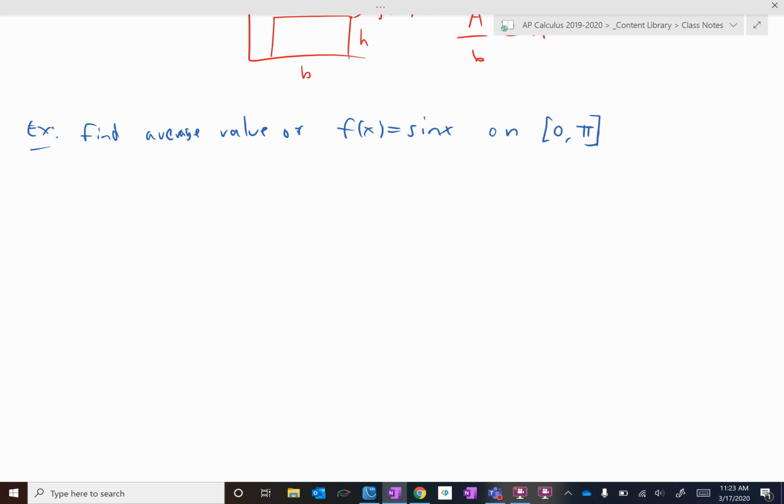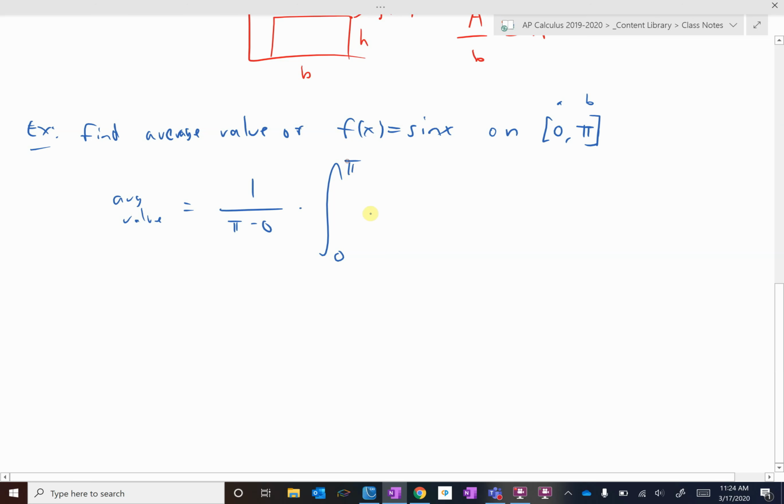So, it's very straightforward. The average value is equal to 1 divided by the length of the interval. Right, here's a and b. We want to do 1 over b minus a times the integral from a to b of the function that we're interested in, sine of x.